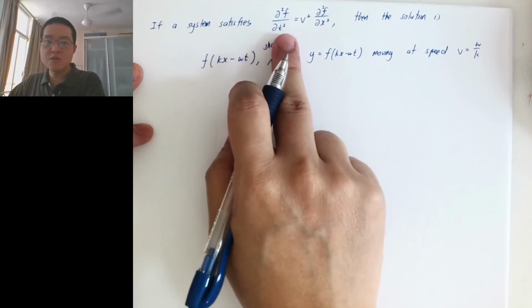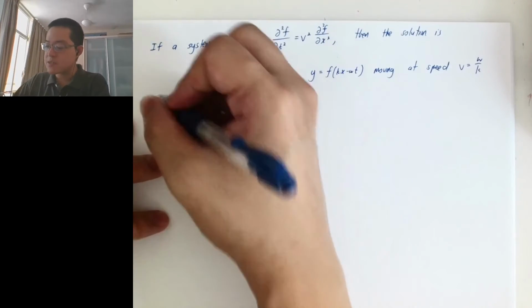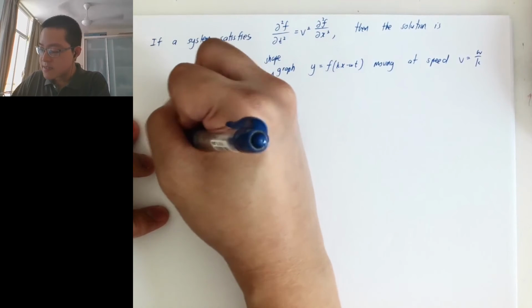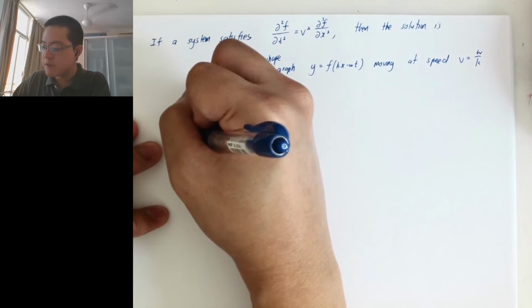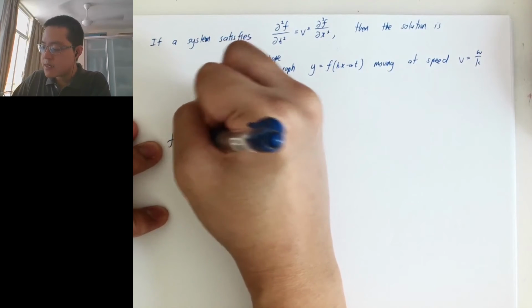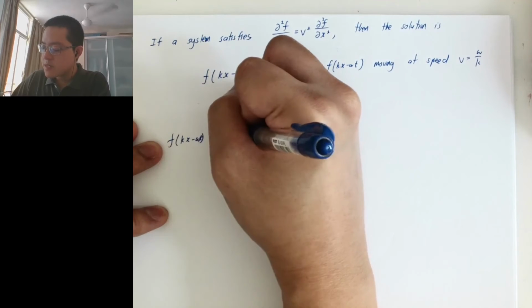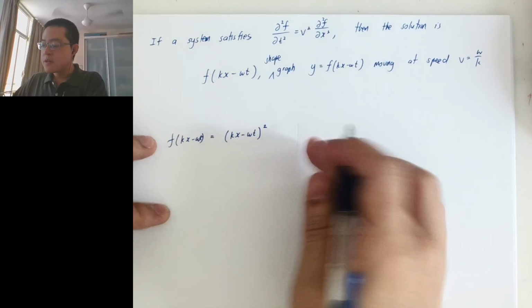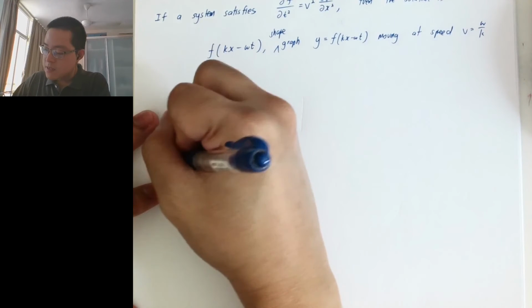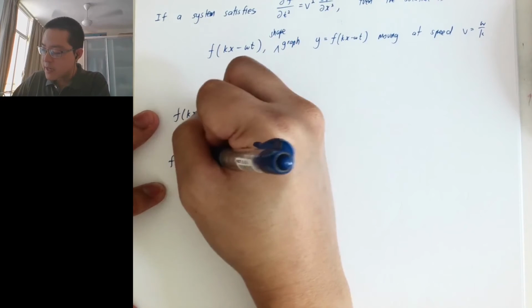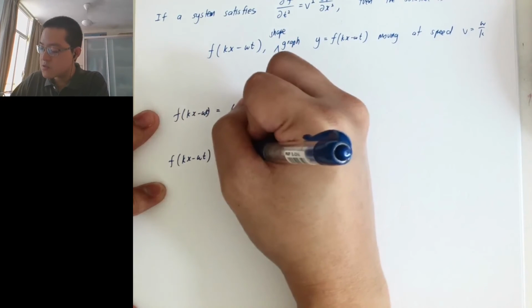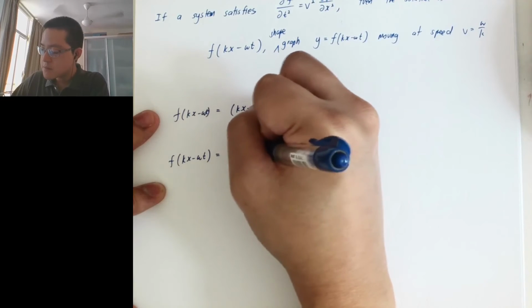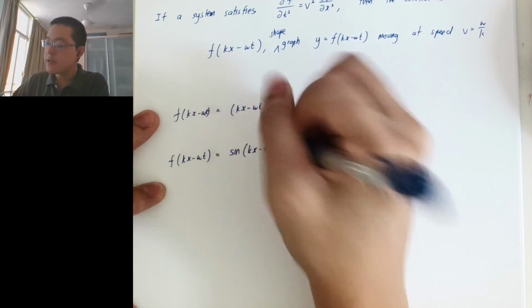Okay, so that is the amazing thing about this. So all these functions, right? Just now I was telling you the example of kx minus omega t being a quadratic function, so this shape moves to the right. Or another function, sine of kx minus omega t, it's also moving to the right.